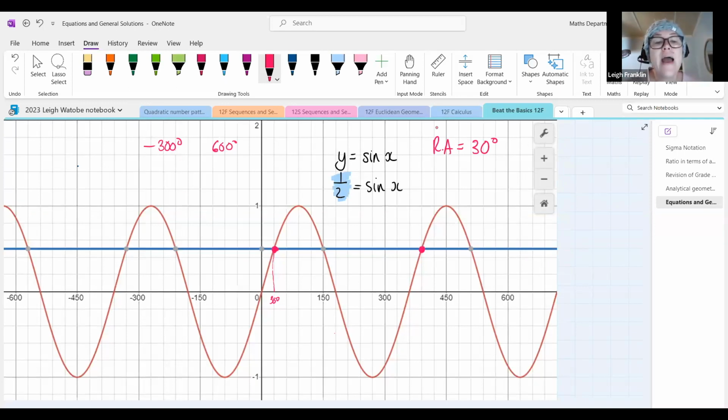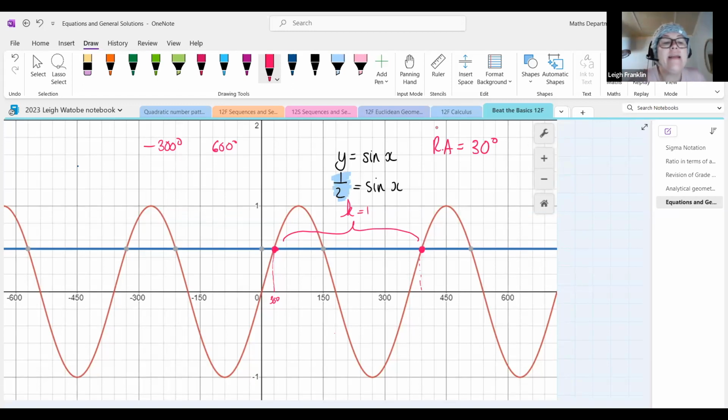So that is where you could say k was equal to 1, because that would allow you from your general solution to find the next value of x that satisfies that particular equation.